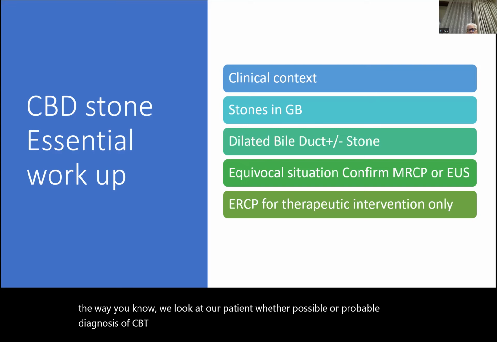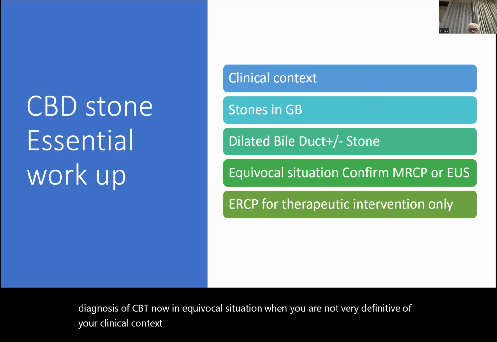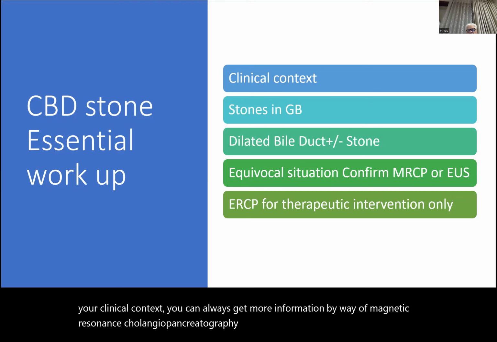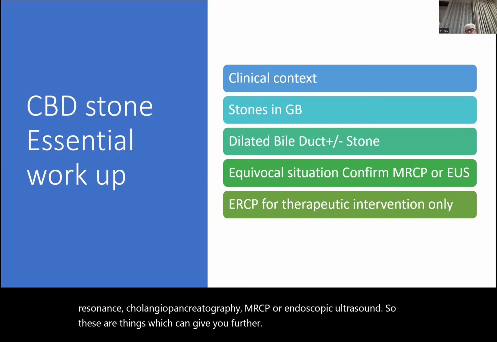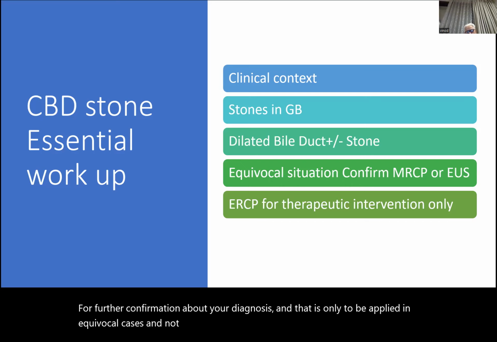Now, in an equivocal situation, when you are not very definitive of your clinical context, you can always get more information by way of magnetic resonance cholangiopancreatography, MRCP, or endoscopic ultrasound. So these are things which can give you further confirmation about your diagnosis, and that is only to be applied in equivocal cases and not in all cases.